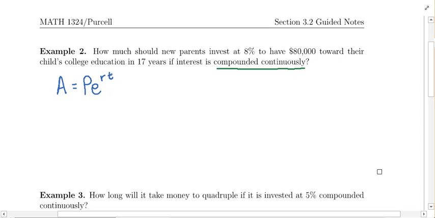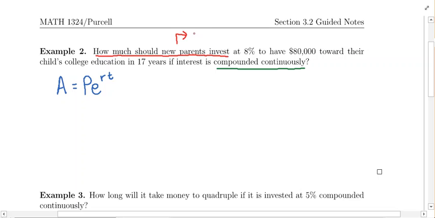The new parents want to save for their child's college education. Their goal is to have $80,000 saved in 17 years. They want to have that much money, so you're trying to figure out how much they should invest.